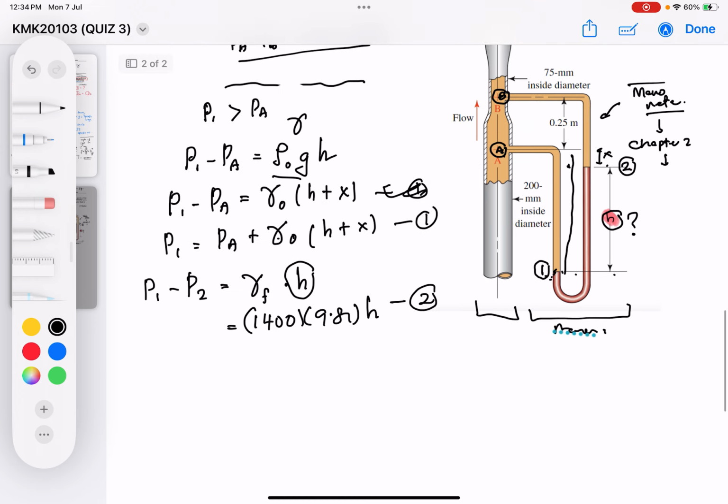And also, I can calculate the pressure difference between point number 2 and point B. So it's going to be P2 minus PB equals, it was filled with the oil, therefore gamma of the oil multiplied by the height difference between point 2 and point B. From here to here is going to be x, from here to here is going to be 0.25.